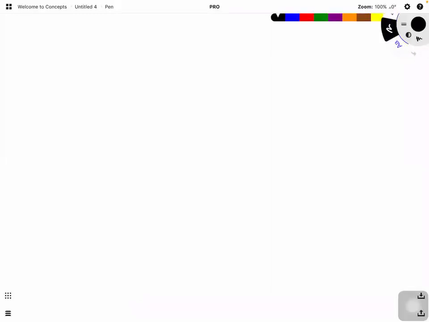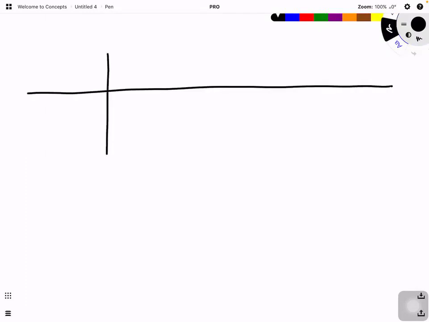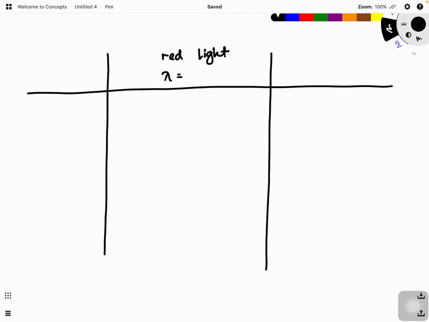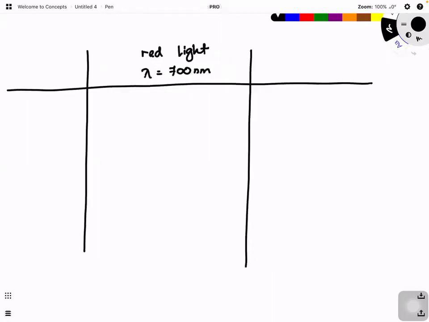So now let us look at these resolutions. Okay, I give you 3 scenarios here. Okay, so if you have a light source using the red light, with the wavelength equal to 700 nanometer. Okay, red light. And another one we're going to use the violet light or blue violet with the lambda equal to 400 nanometer.